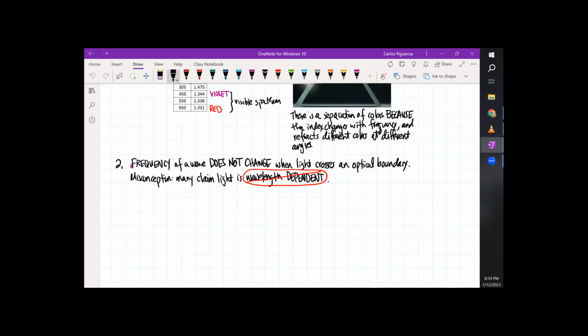What's fundamental is conservation of energy. But energy is proportional to frequency. Okay? So remember, what's fundamental is energy. But energy is frequency dependent.